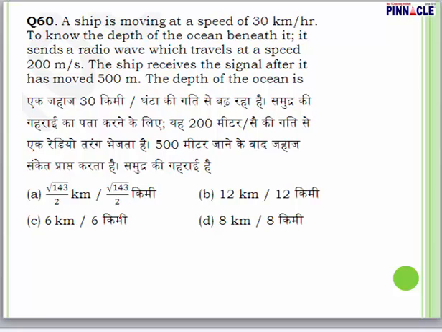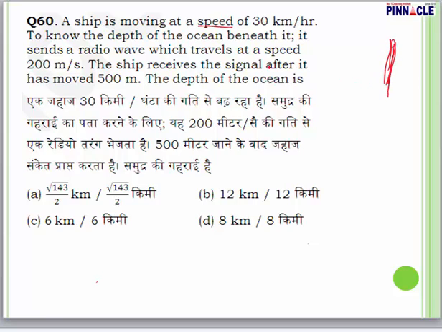The depth of the ocean is? Read the statement of this question very carefully, and in this you will find 30 kilometer per hour. This is the speed of the ship, and you can make a graph like this.